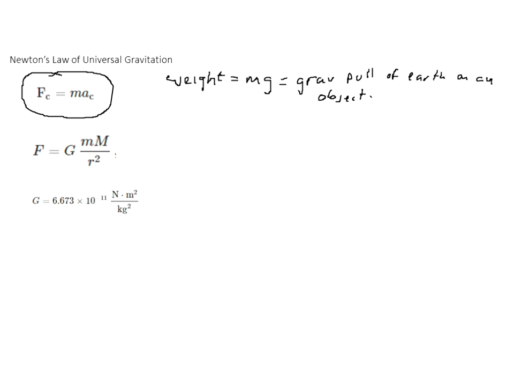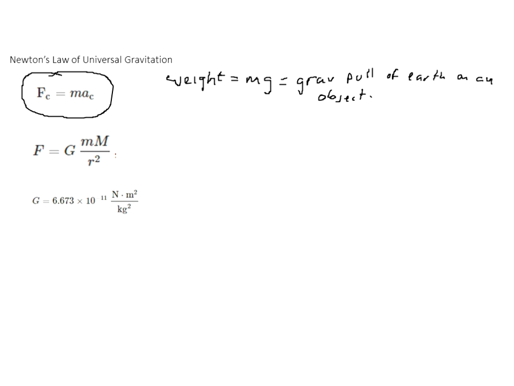But we know that if you go on another planet or you stand on an asteroid, you're going to have a weight. That asteroid is going to pull on you. The moon is going to pull on you. Mars is going to pull on you. So weight being the gravitational pull of the Earth on an object, that's sort of an Earth-centric view, because any object pulls on any other object.